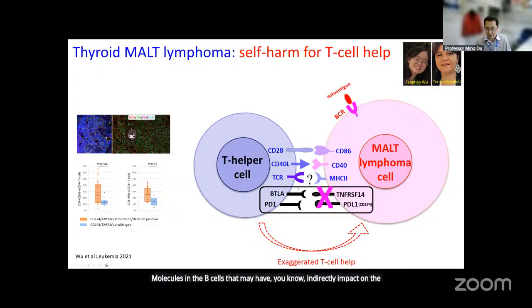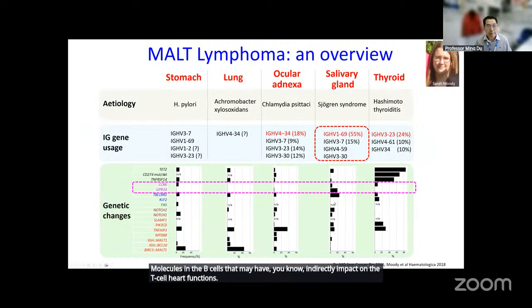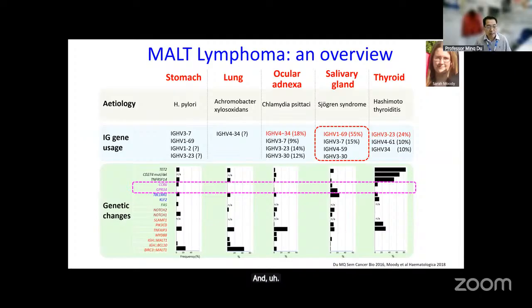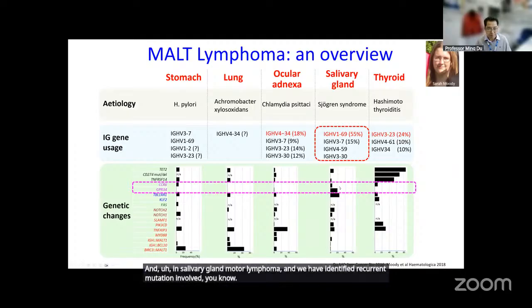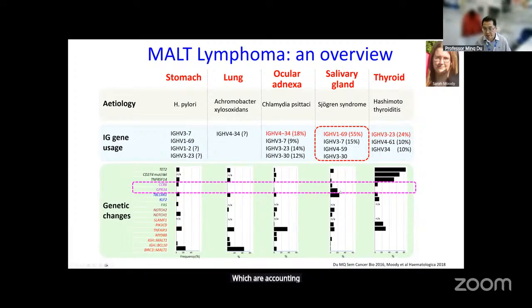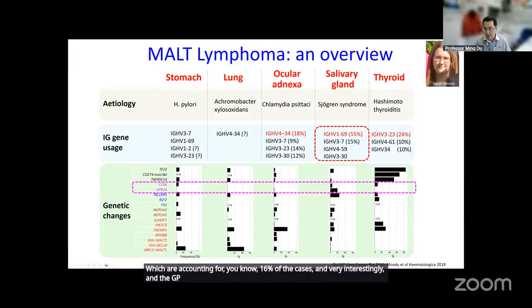In salivary gland multiple lymphoma, we have identified recurrent mutations involving a G protein coupled receptor, particularly GPR34, accounting for 16% of the cases. Very interestingly, the GPR34 mutations are really specific to salivary gland multiple lymphoma.